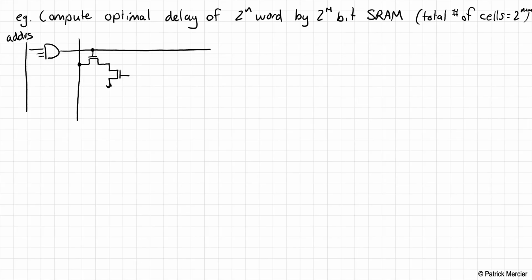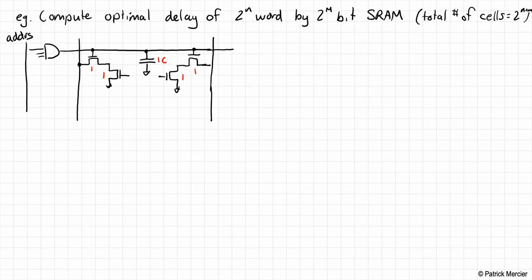Okay, so I'm only going to show the NMOS transistors in the pull-down network in this case. Now, for this particular model, we're going to assume that the transistors are all of size 1. They're all minimum size transistors. I'm also going to assume that just the wiring of the word line is going to have 1C of capacitance associated with it. And then we'll have the other side of the SRAM cell here, access transistor connected here. And then this connects to the bit line on this side, and that keeps going. These are also of size 1 over here.